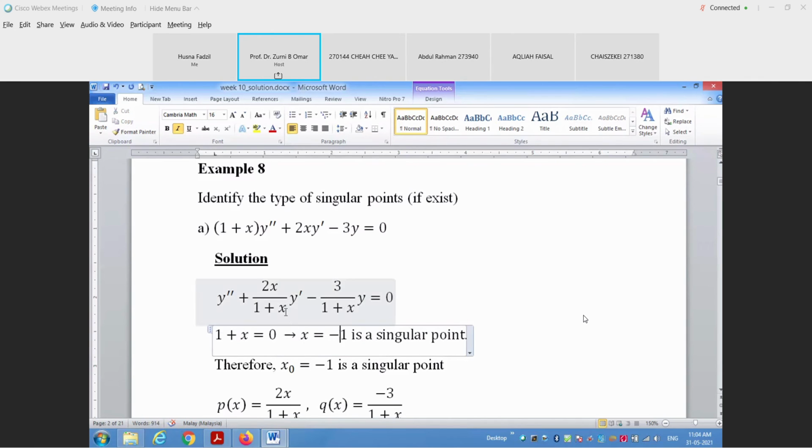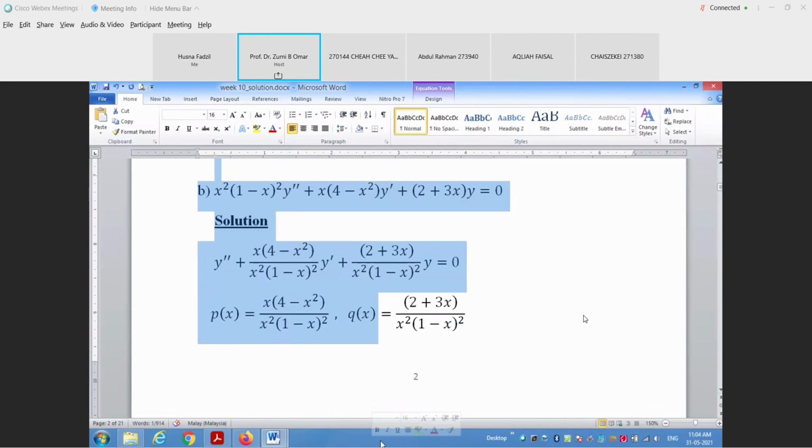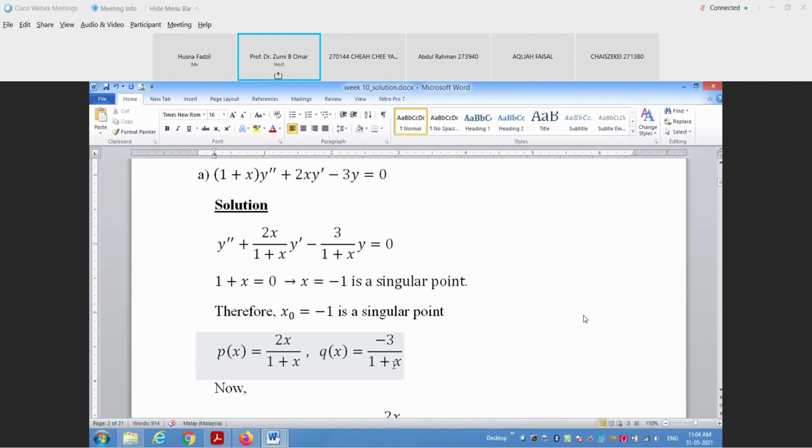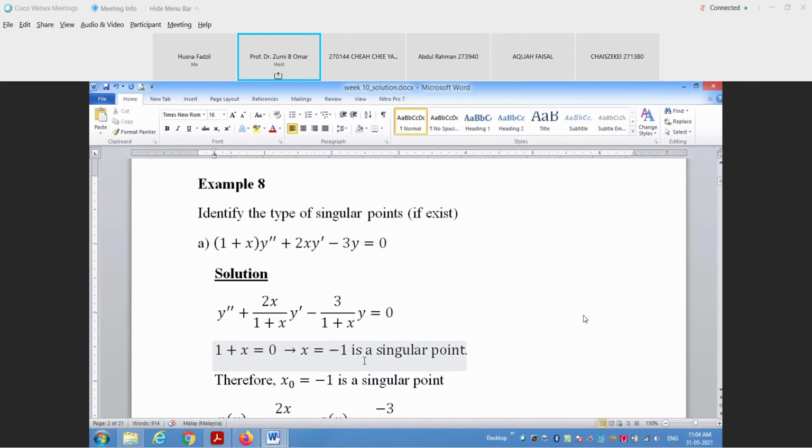When x equals minus 1, both p(x) and q(x) will be undefined. That's why x naught equals minus 1 is a singular point. The next step, we want to determine the type of this singular point. Is it regular or is it irregular?